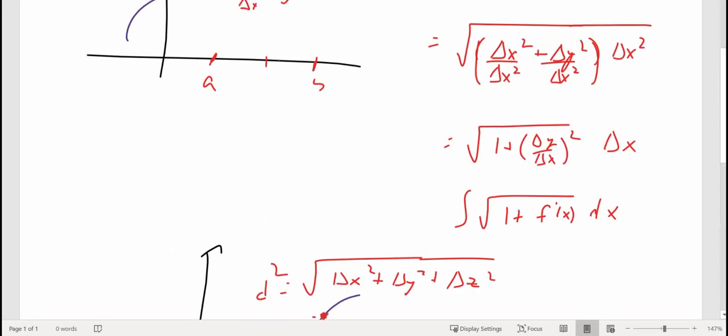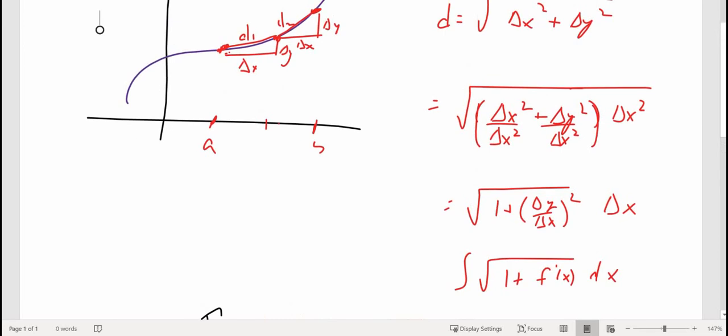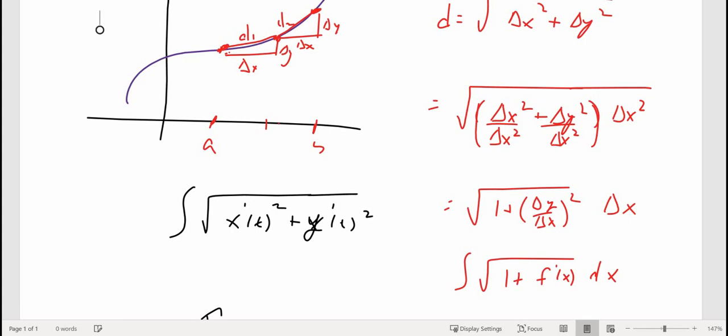I mean, look, if we go back to this, I have this notation where y is a function of x. But if we were to write this as a parametric equation, that's the same thing as having x prime of t squared plus y prime of t squared. And using that as my interval, okay?